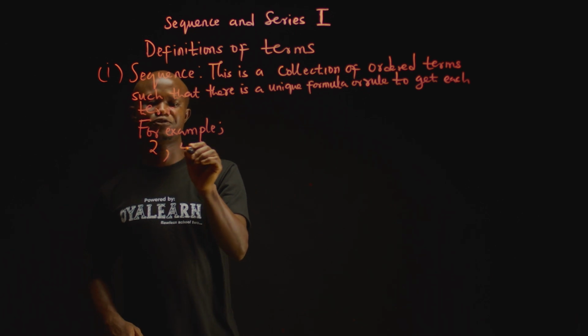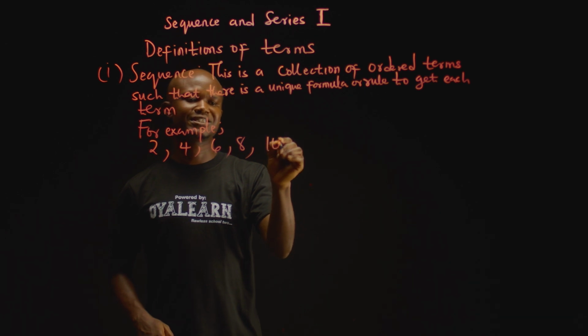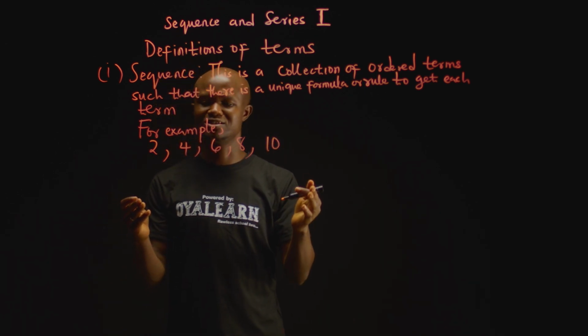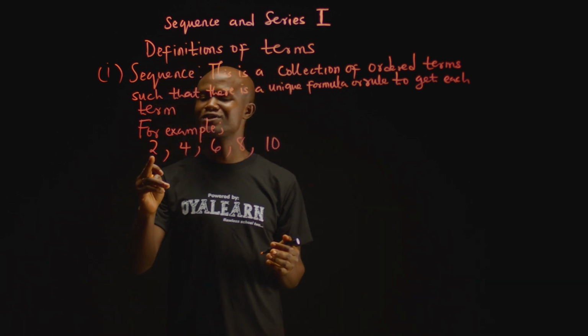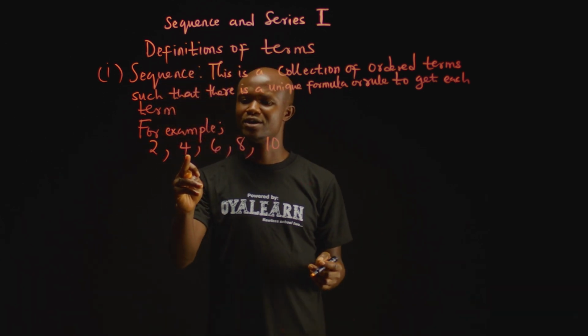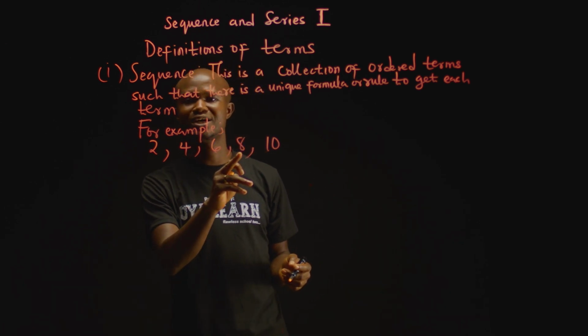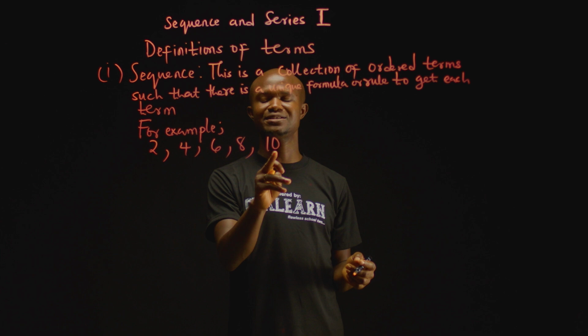2, 4, 6, 8, 10. This is a sequence. We can see here, the first term of this sequence is 2. Then the next one is 4. The next one we have here is what? That's 6. And the next one here is 8. And this is 10.